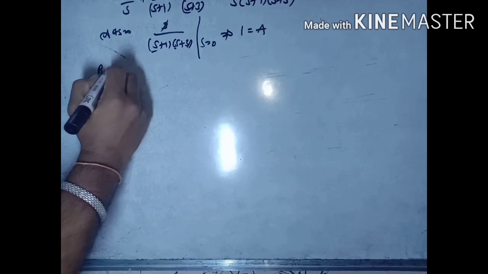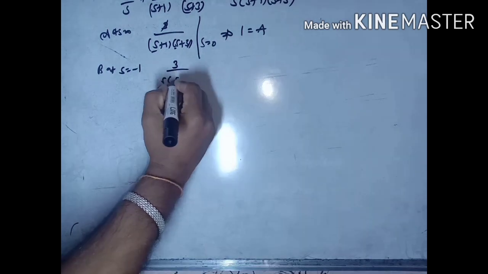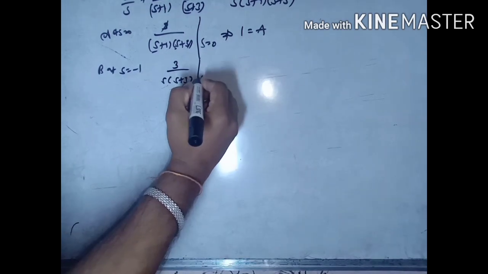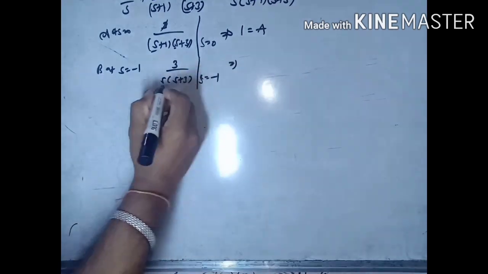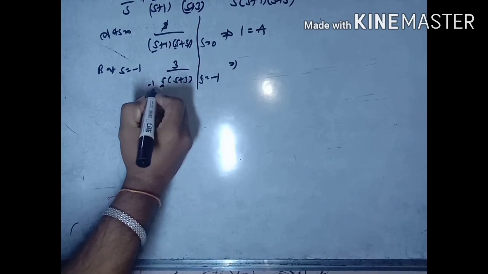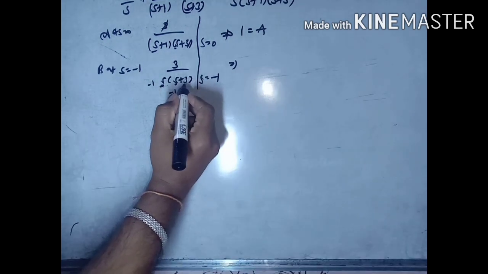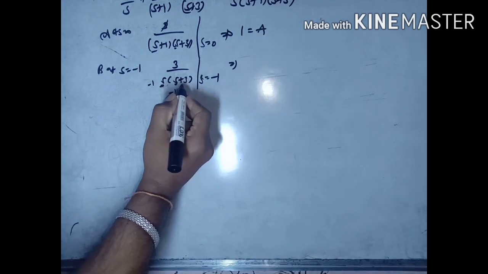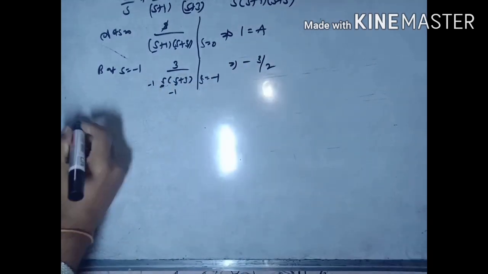Next, B at s = -1: 3/(s(s+3)) at s = -1. Minus 1 plus 3 is 2, and -1 into 2 is -2, so B is -3/2.